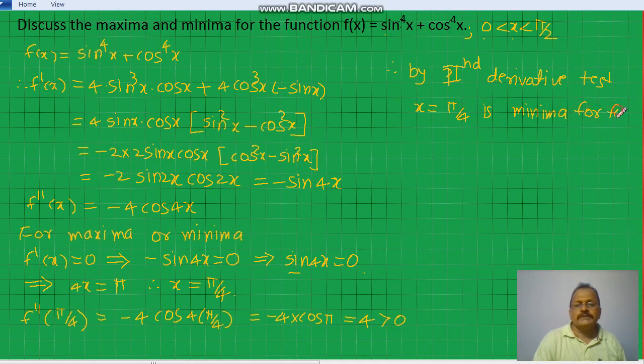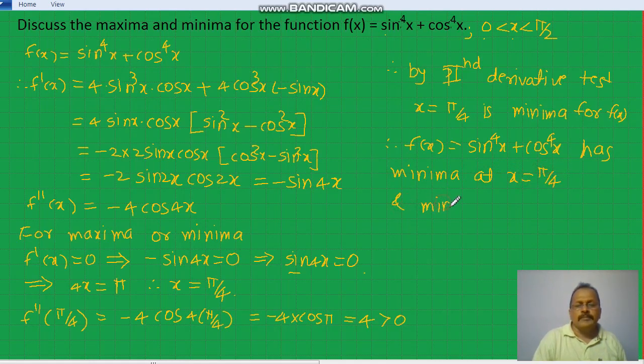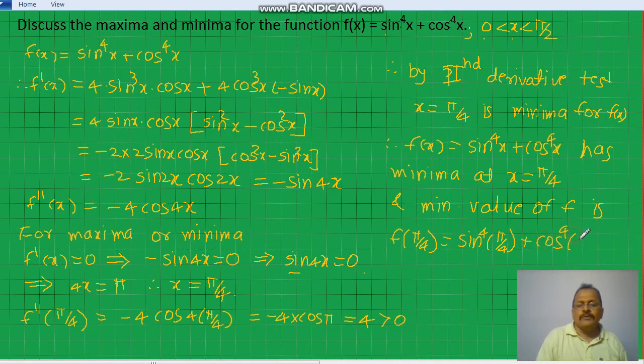for f(x), and therefore f(x) equal to sin raised to 4x plus cos raised to 4x has minima at x equal to pi by 4, and minimum value of f is f of pi by 4, that is sin raised to 4 pi by 4 plus cos raised to 4 pi by 4.